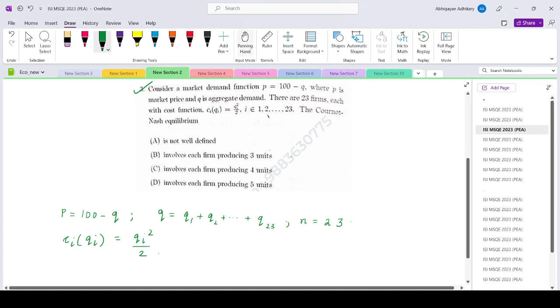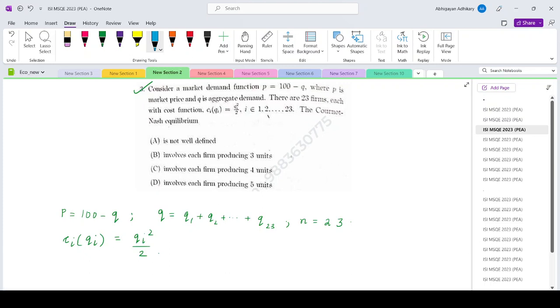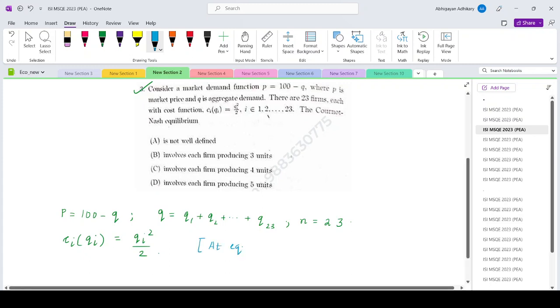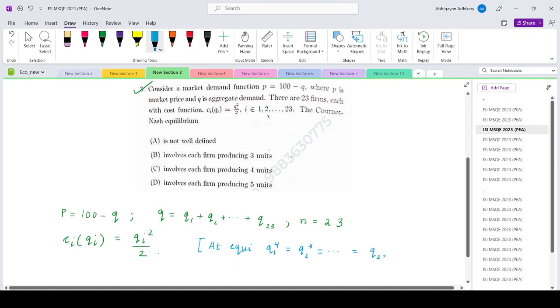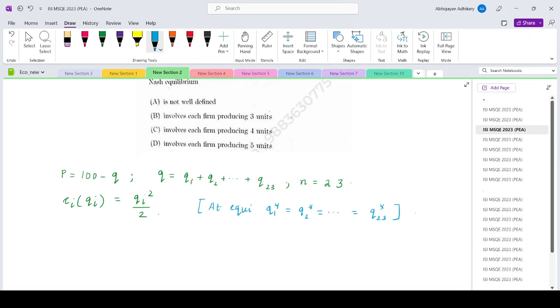Now, one thing we certainly know from our understanding of the Cournot model is that since the cost functions are the same, the marginal costs are the same, so at equilibrium Q1* = Q2* = ... = Q23*. That means all the firms will produce equal amounts at the Cournot optimal.